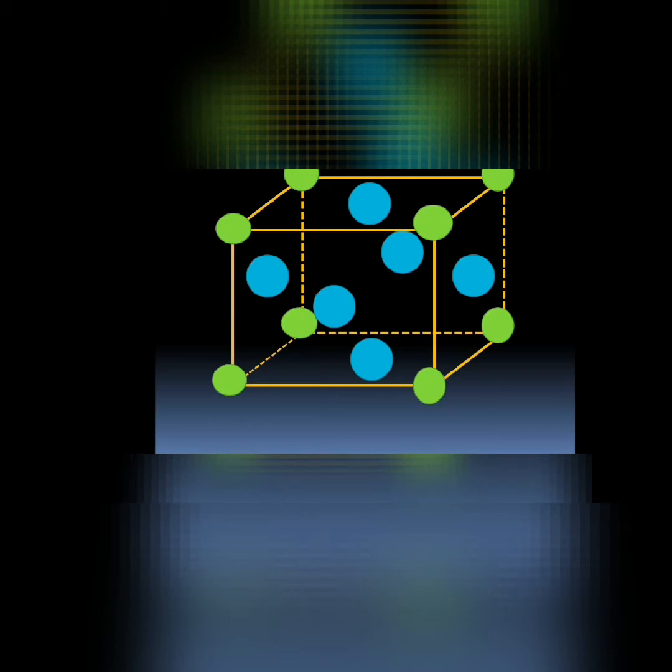Both atoms, the green and the blue, are the same, that is carbon atom, but I use two colors to specify their position. One is in the corner position and another is in the face center position.